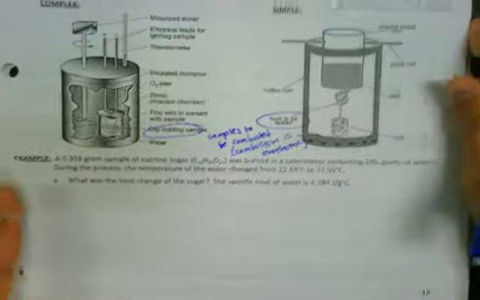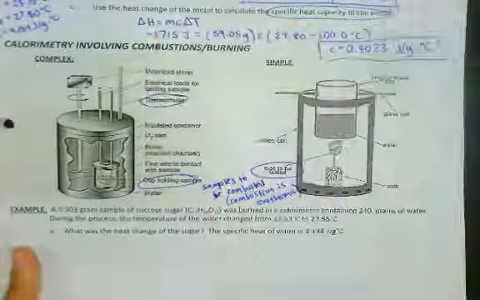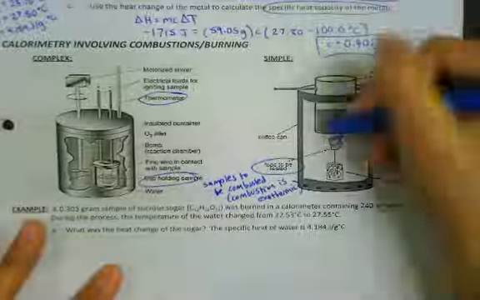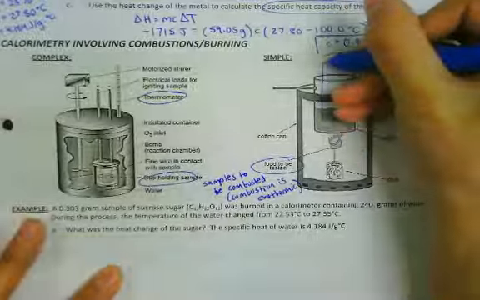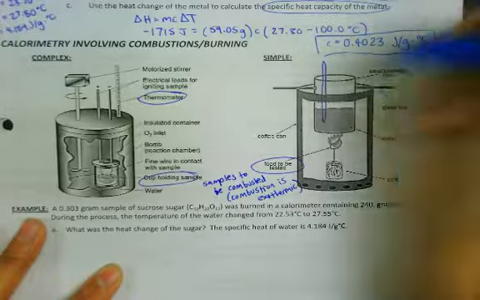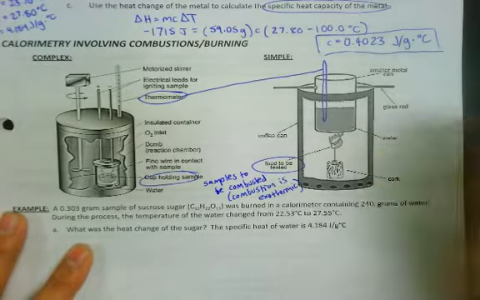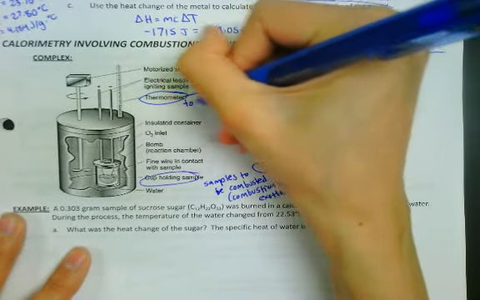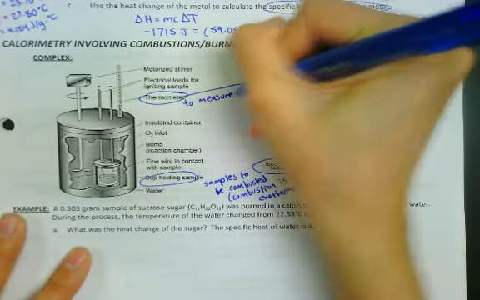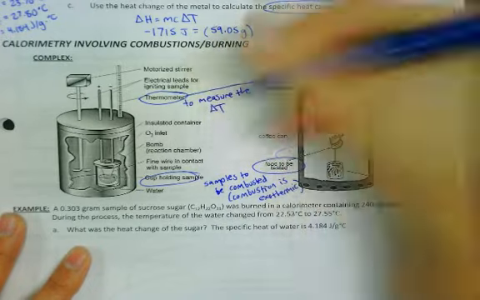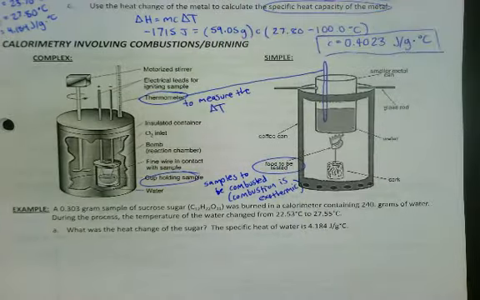So you've got your samples to be combusted, and of course you still have a thermometer. I know this isn't pictured, but there should be a thermometer here as well in our little discount calorimeter. Remember that the thermometer is to measure the delta T. We have to measure the final and the initial temperature in order to actually do our MCΔT calculation.